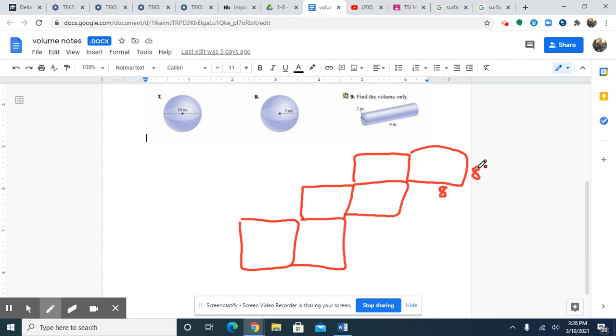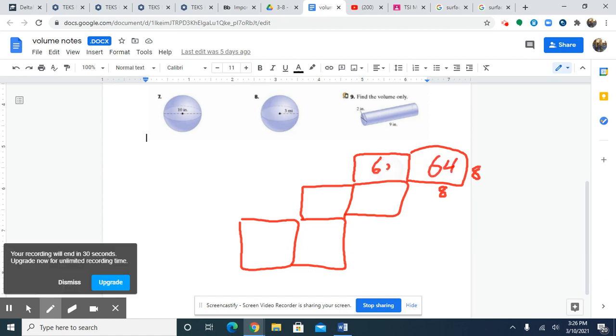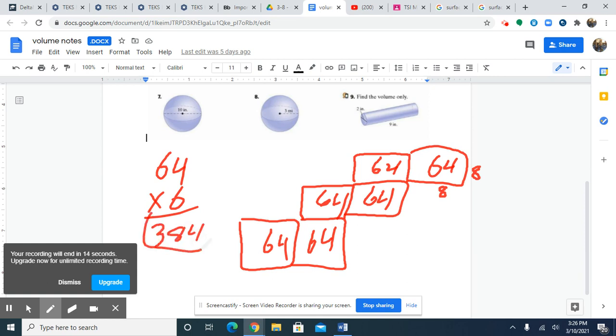So 8 times 8, which gives us 64. So all of these squares will be equal to 64. So we have a total of 6, so 64 times 6, which is equal to 384, and that's the surface area.